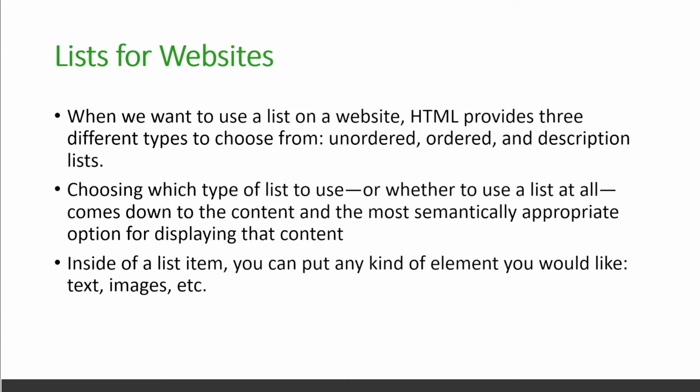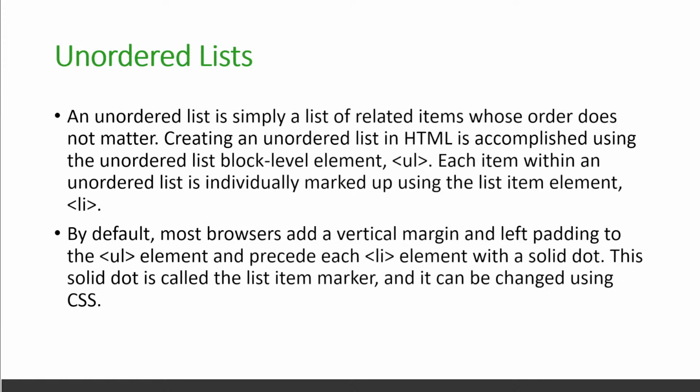So we'll start off by having a look at unordered lists here. An unordered list is simply just a list of sort of related items, right? It's not things that have to be done in any particular order. Right? The example that I always give here is our grocery list. But it could really be anything where the order of the items doesn't matter.